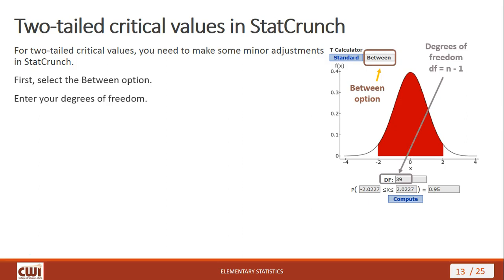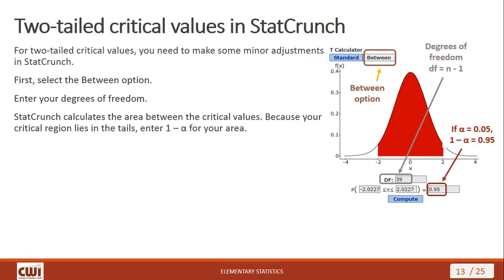So first we enter our degrees of freedom, 1 less than the sample size. And then we're going to take the complement of our alpha. Because the alpha, remember, is the area in the tails. But the between option in the StatCrunch calculator is calculating the area in between the tails. So you have to take the complement.